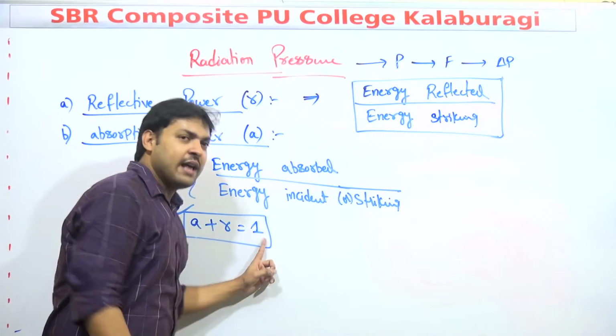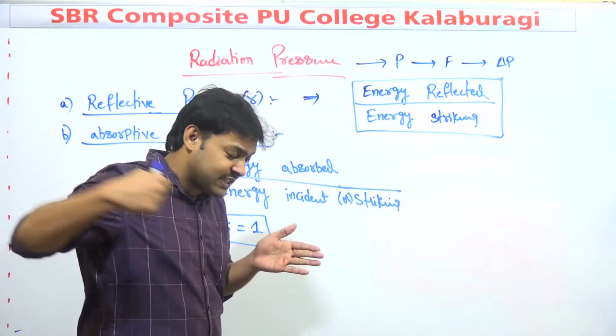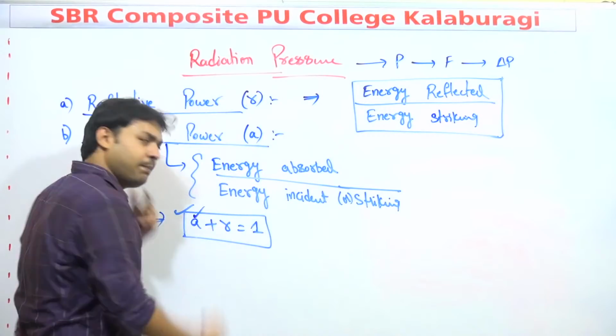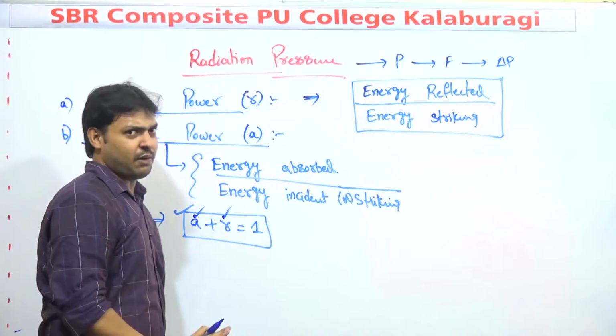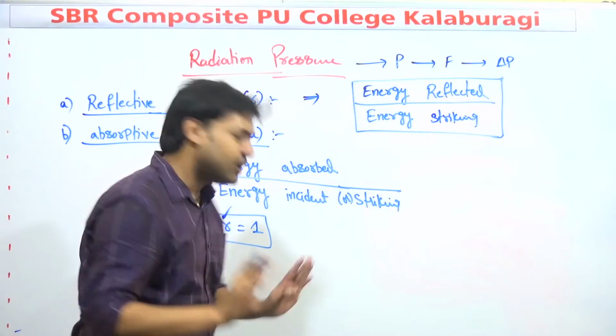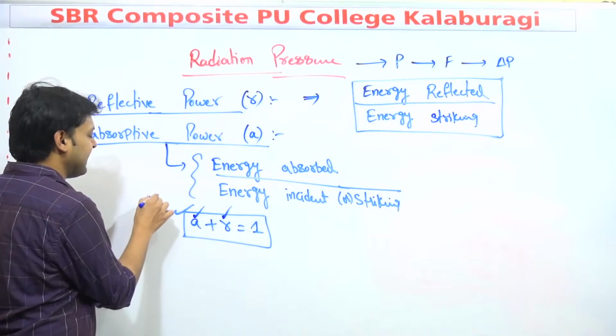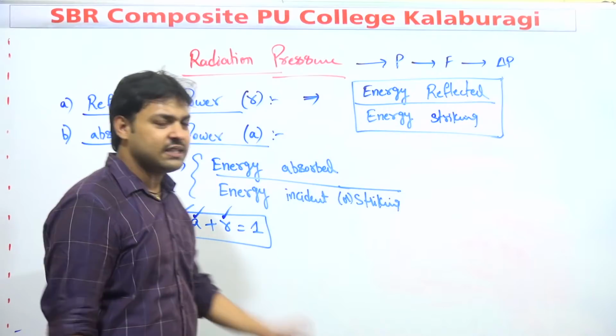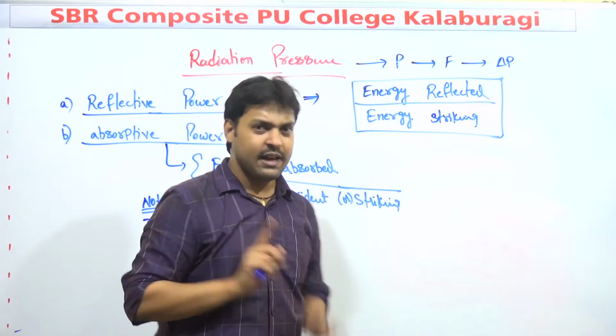The energy striking the surface is divided into two parts, one is absorptive power and the other is reflective power. There is no other chance. So that's why you can write it as the sum of absorptive and reflective power equals 1. Clear about this point?